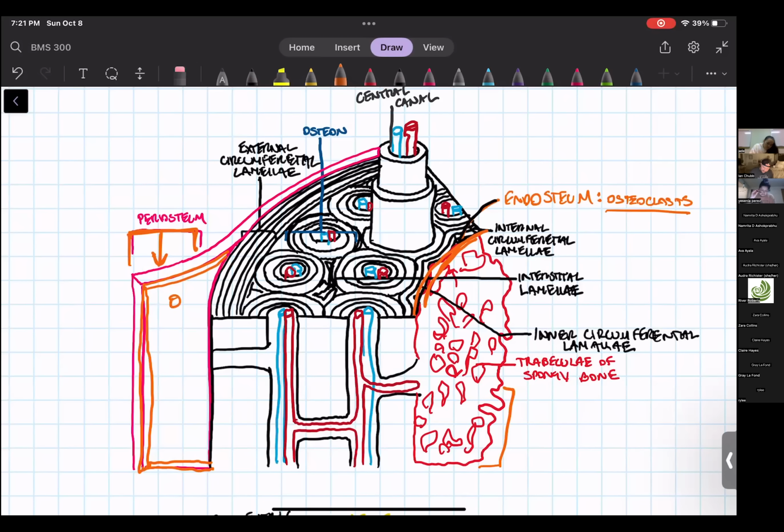So I should say they're in this layer right here. Just a little detail to have, just so you have some orientation. And obviously our cytes are living in here in the lacunae inside those osteons.